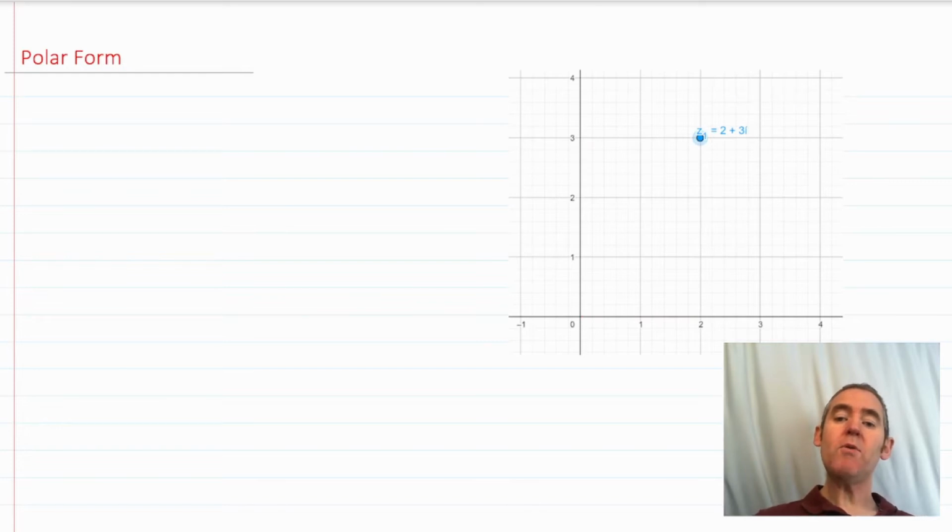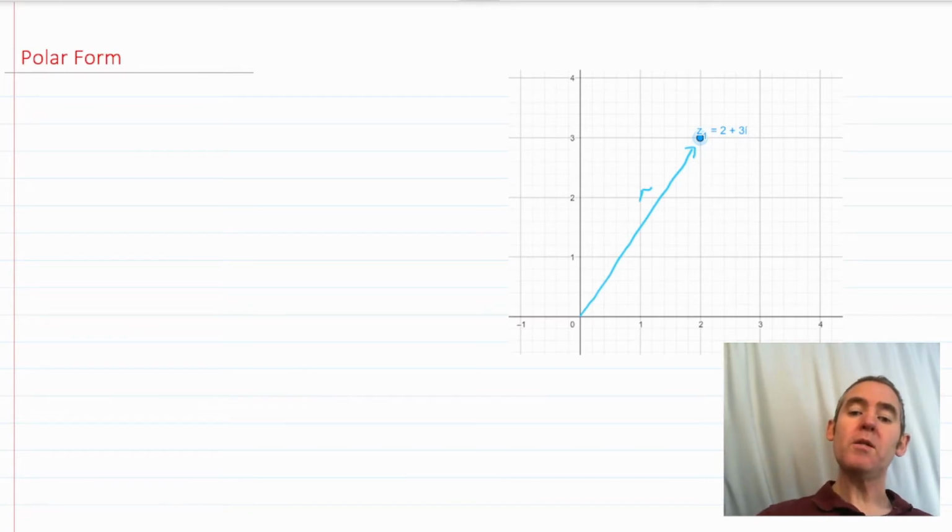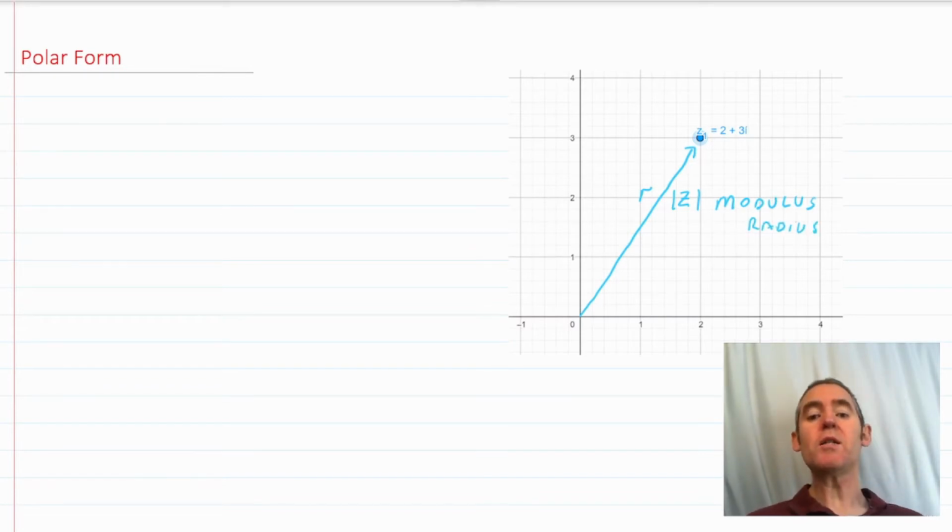Now there's another way to represent that, if we take a look at the distance the complex number is from the origin. We give that distance the letter r, or you can represent it as the name of the complex number with two lines across it, and it's called the modulus. Some people call it the radius, and you can think of the radius as how far that point is out around the circle.